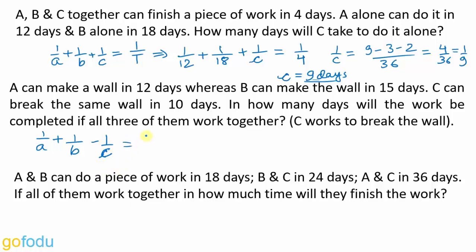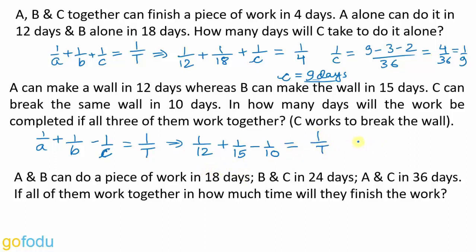This will be equal to 1 upon T, where T is the time taken by A, B and C together when they work on the job. Put the values and we will have 1 upon 12 plus 1 upon 15 minus 1 upon 10 is equal to 1 upon T. LCM is 60.